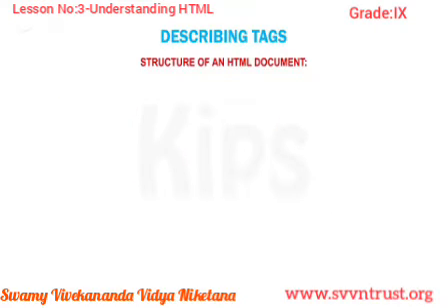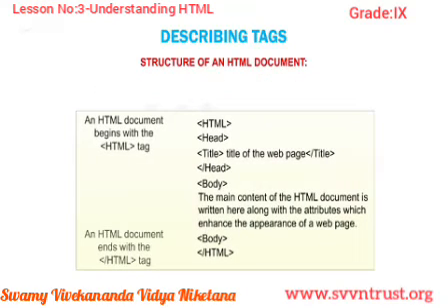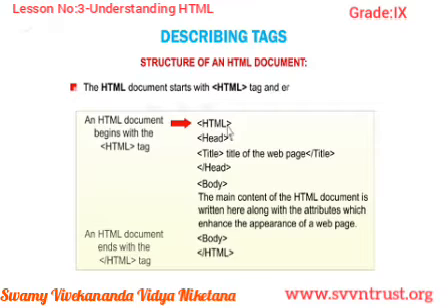Okay, let me describe the structure of an HTML document. The standard structure of an HTML document has two sections, head and body, which is shown below. The HTML document starts with the opening html tag and ends with the closing /html tag.